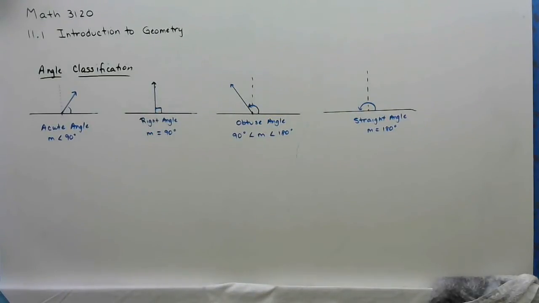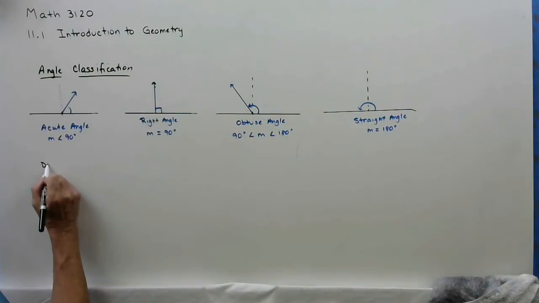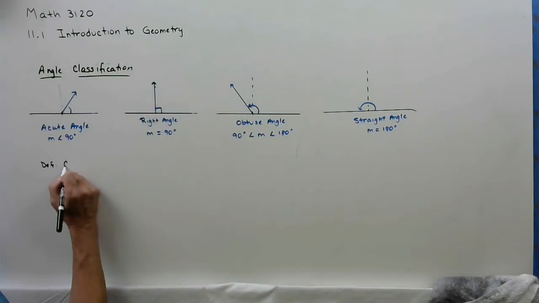And then if I have 2 angles, whether they're adjacent to each other or not does not matter, right? We want to take a look at what we mean by complementary angles.